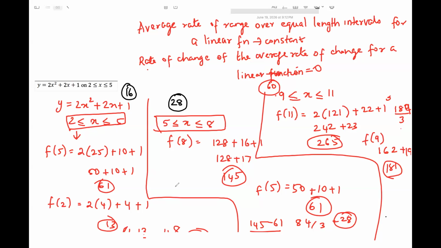I need to verify this. Are we doing it right, guys? Can one of you check what is the average rate of change in this interval? Can one of you recheck with me, please?